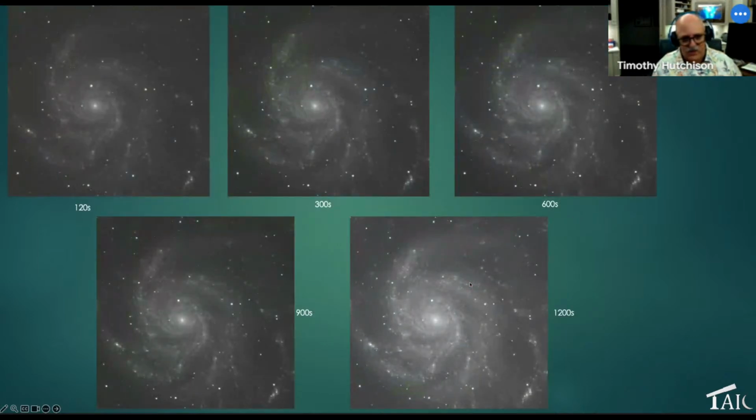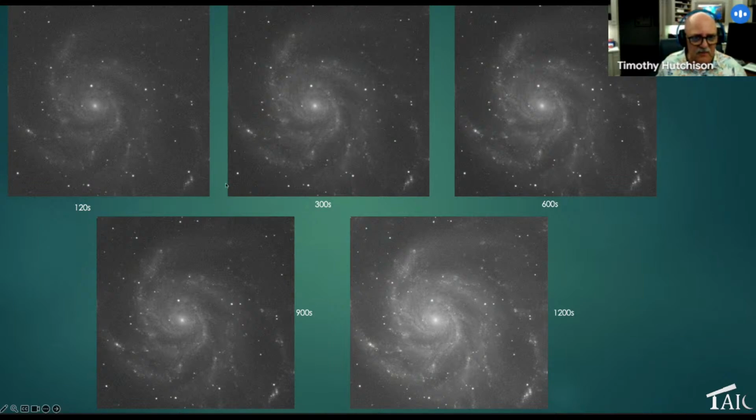Now, just for fun, last night I took my rig out at the SRO and I shot these luminance images. I shot 120-second exposures all the way up to 1200-second exposures, and I don't know if they're coming through well in YouTube.